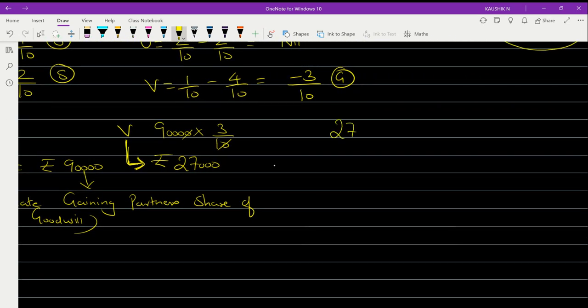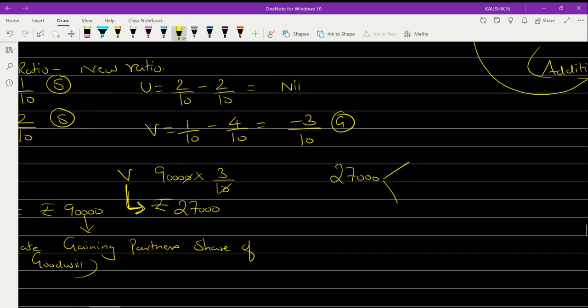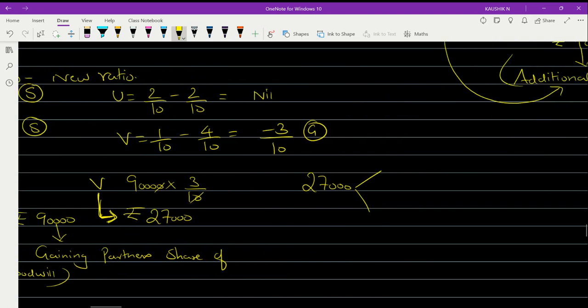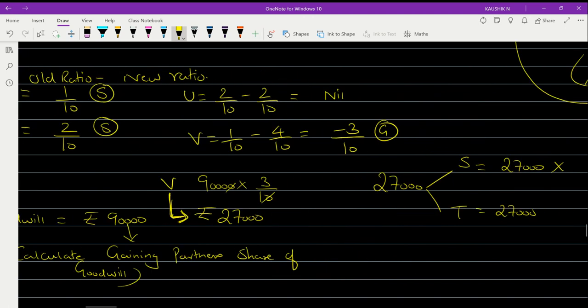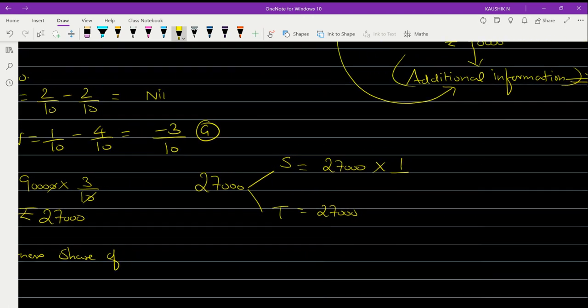This 27,000 should be divided among the two sacrificing partners who are named S and T. So he should distribute to S and T. How is he going to distribute? 27,000 into the sacrificing ratio, yes, it is 1 by 10, into 1 by 10, and over here it is going to be into what value?